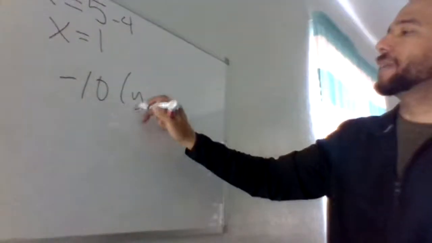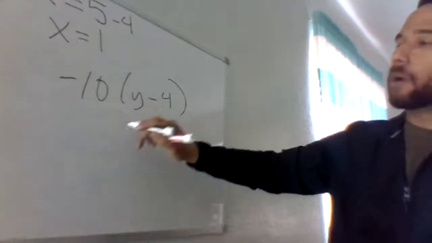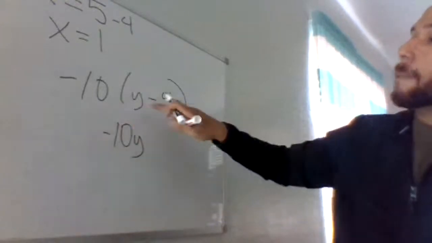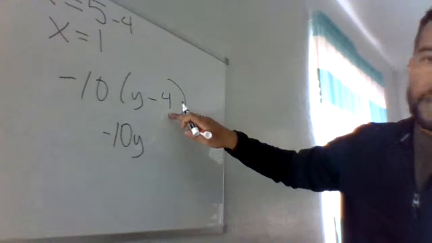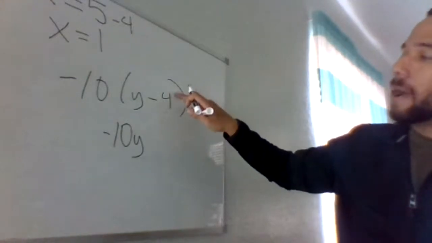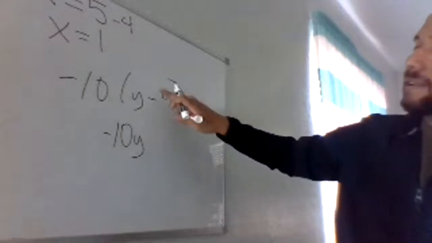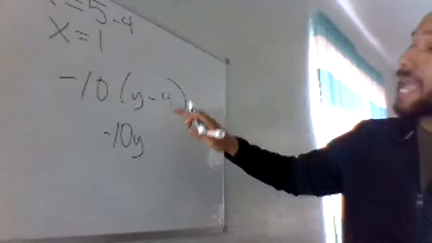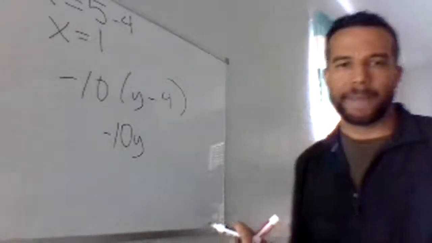Yeah, so if we're looking at something like this, we can't really combine these. All we can do is just say, okay, this is going to be negative 10y. Now, because there's a subtraction sign here, we have to treat it as a negative 4. So anything before that number, treat it as whatever that is. So if it's negative, then it's a negative 4. If we're subtracting, it's a negative 4. If we're adding, it's a positive 4. Does that make sense? Okay.